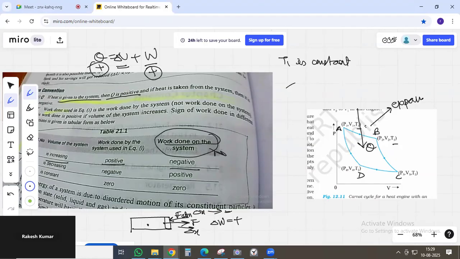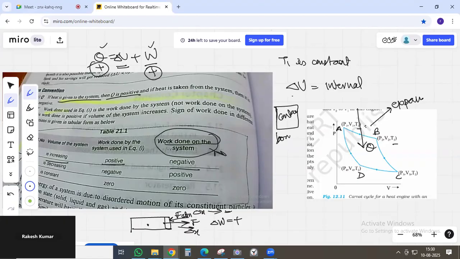Delta U is sometimes very difficult to understand. Either you have these two values, then you can calculate delta U, or delta U is the change in the internal energy. That means no work. This doesn't include work. So to find delta U, we take any gas in a container and we don't allow it to expand.